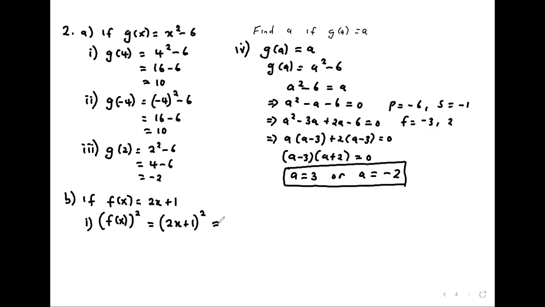Or if you want, you can choose to expand 2x plus 1 multiplied by 2x plus 1. So it becomes 4x squared plus 2x plus 2x plus 1, which is 4x squared plus 4x plus 1.